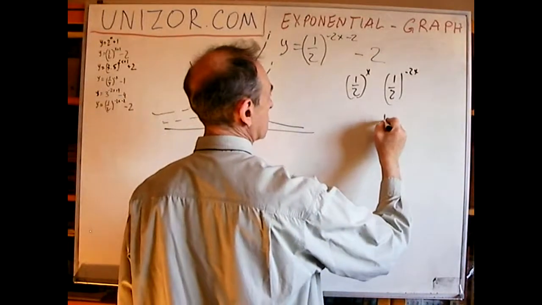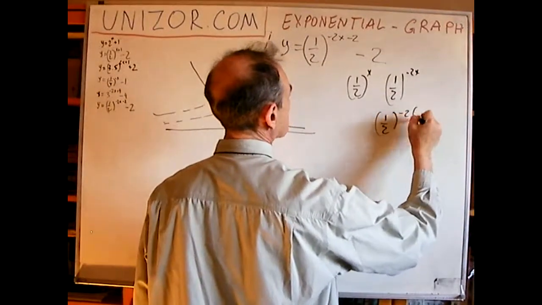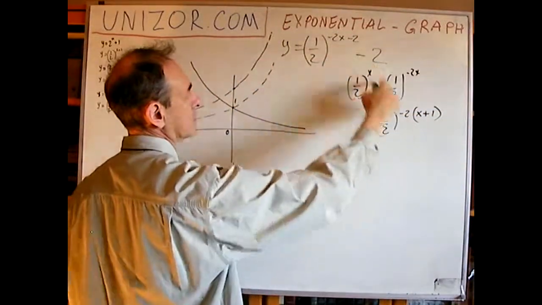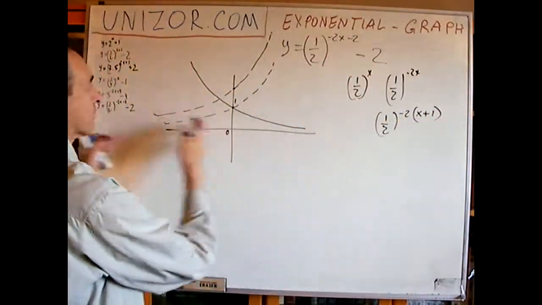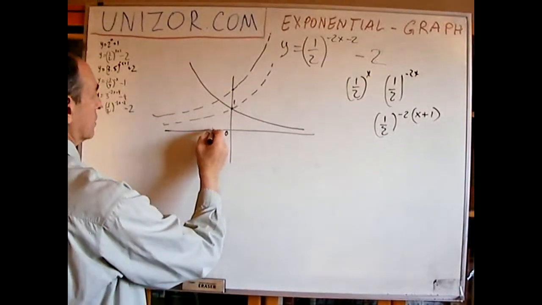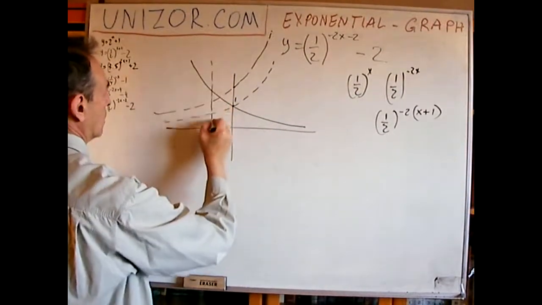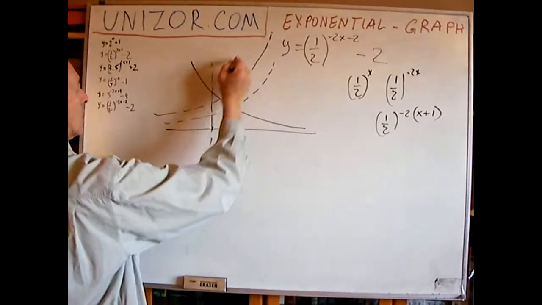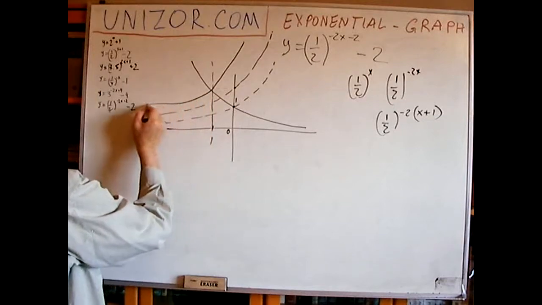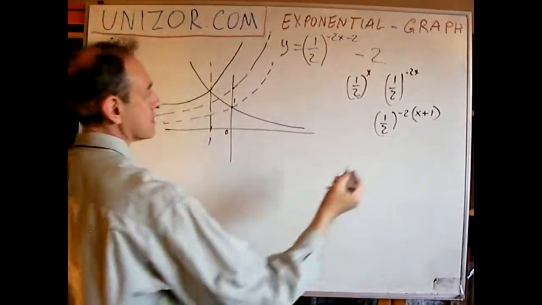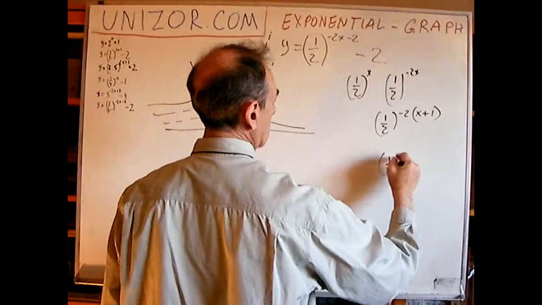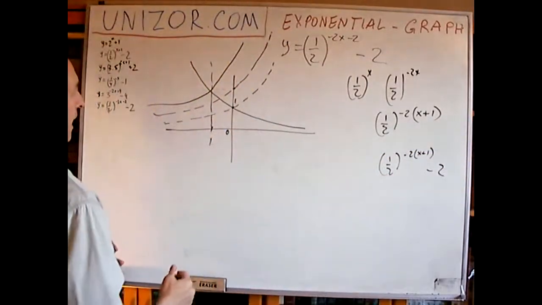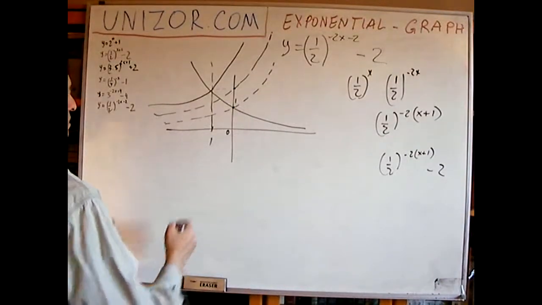Next is 1/2 to the power of minus 2 times x plus 1, right? To get that, the whole graph shifts to the left by 1 unit. So it would be something like this. And finally minus 2, which means the whole graph goes down by 2 units.